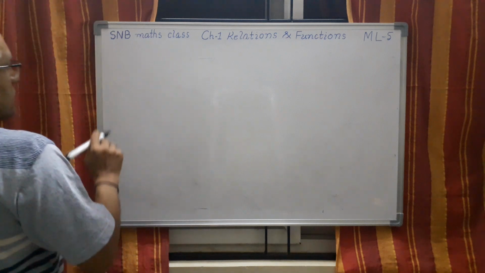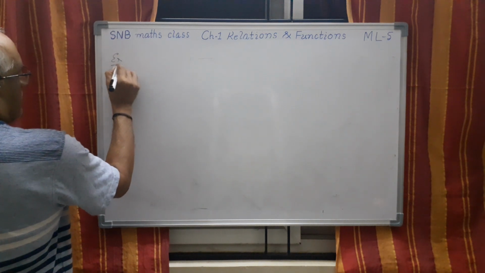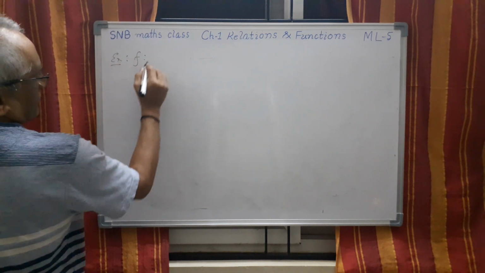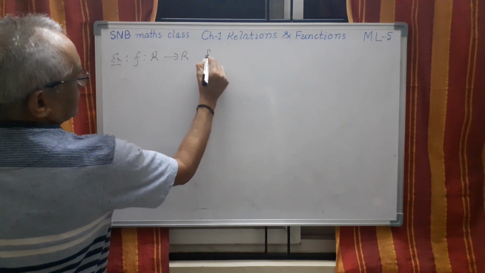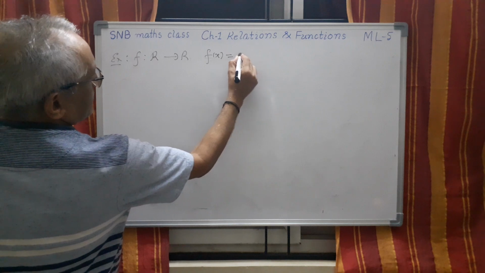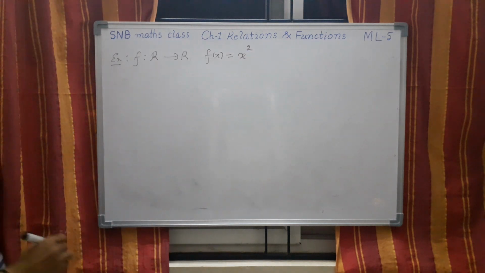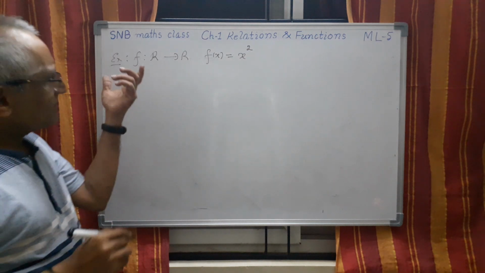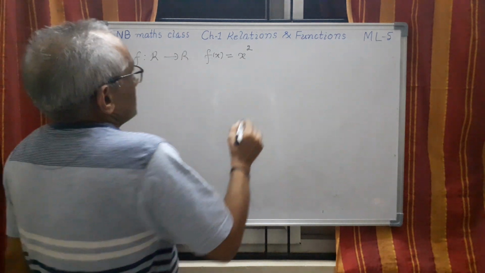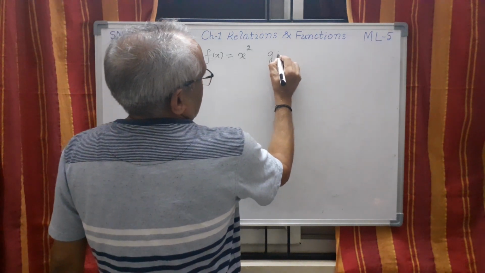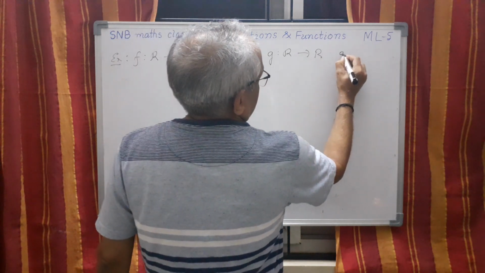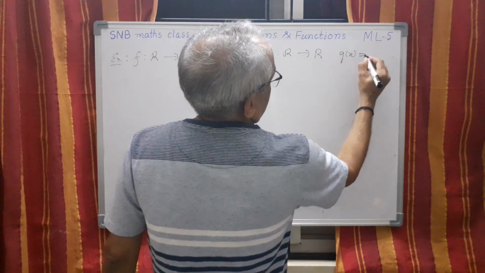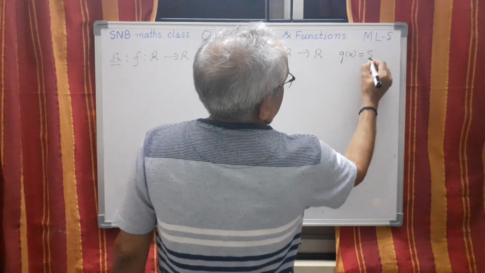Now, say first one, f is a function from R to R defined by f of x equal to x square. I am taking a general function, not a finite set, an infinite set, R. Then g is a function from R to R defined by g of x equal to sin x.